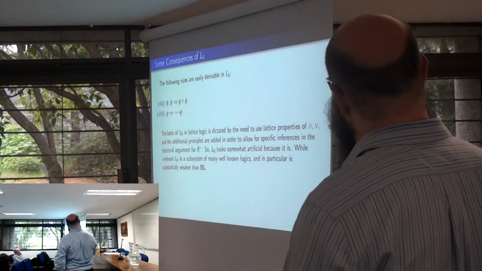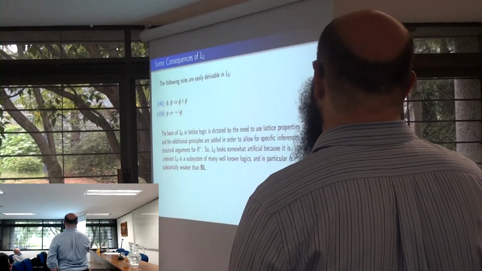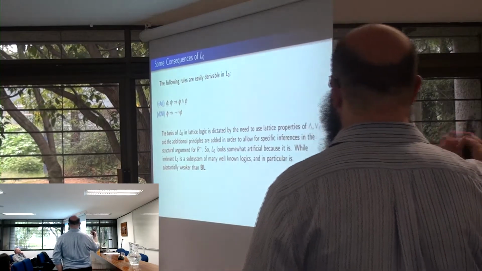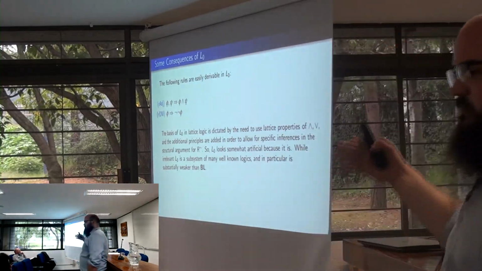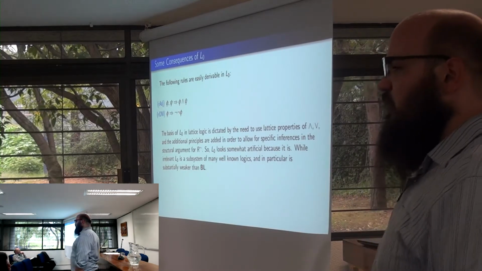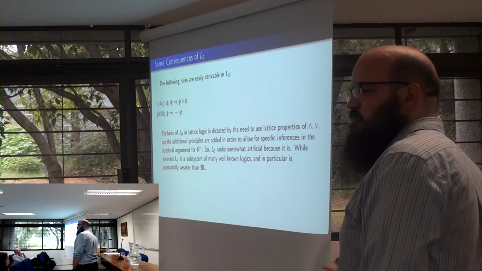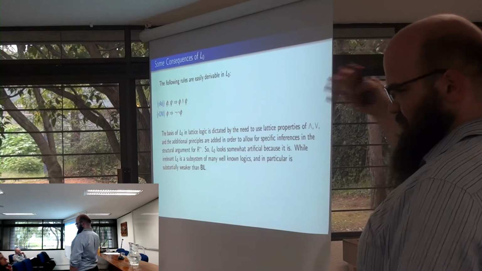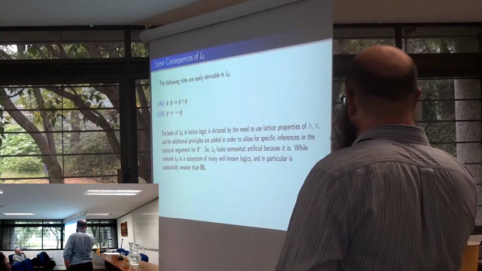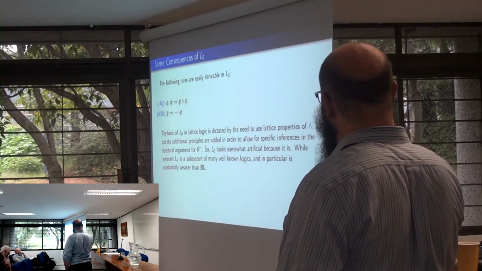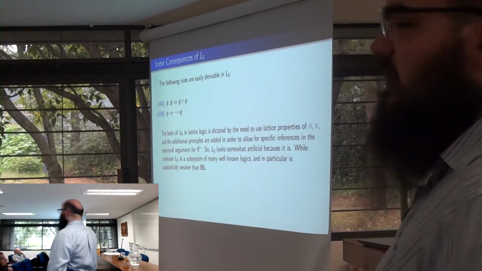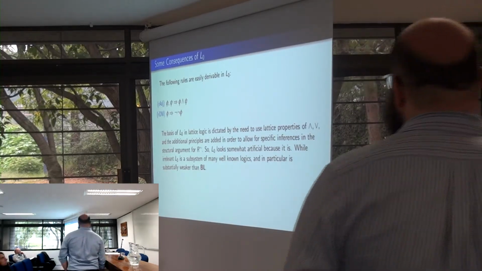So we need lattice properties, as I'll gesture at. And the additional principles are needed for specific inferences that we're going to use in proving the Rosser lemma for our theory. So L0 is an extremely artificial logic because we worked our way back to it, which is why it's strange. But while it is irrelevant, it is a subsystem of many well-known logics, including BL, and in fact, it's substantially weaker than BL.